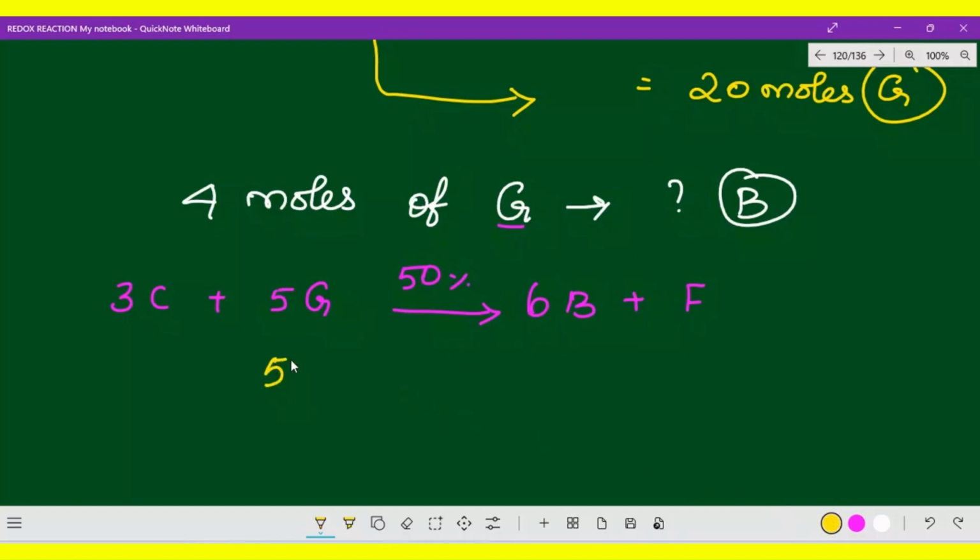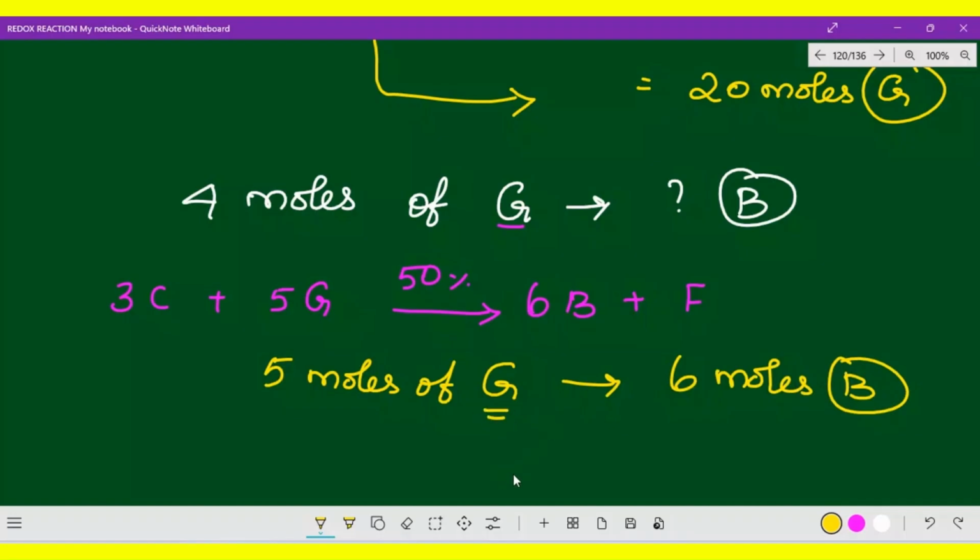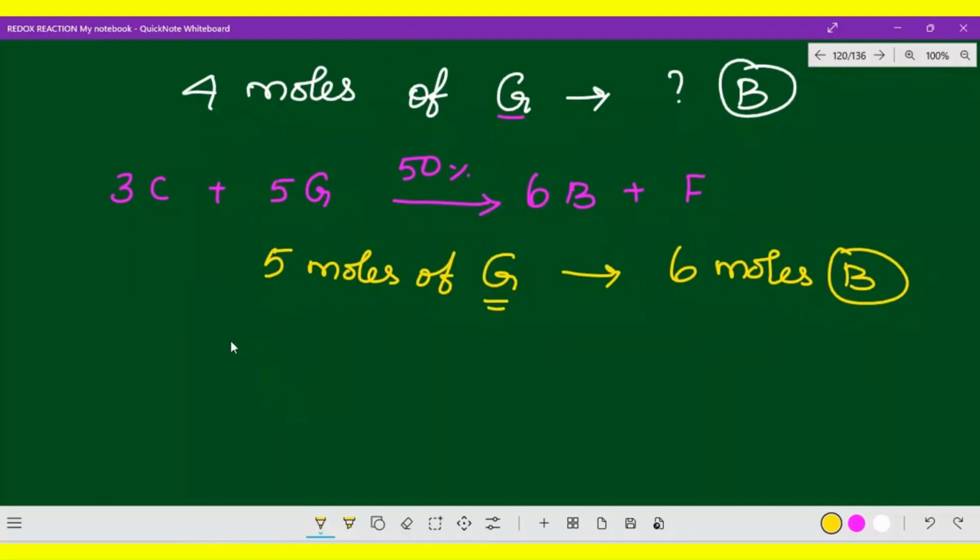Now here it has very clearly mentioned that 5 moles of G can provide 6 moles of B, right? Therefore, for 4 moles of G, how much has formed?